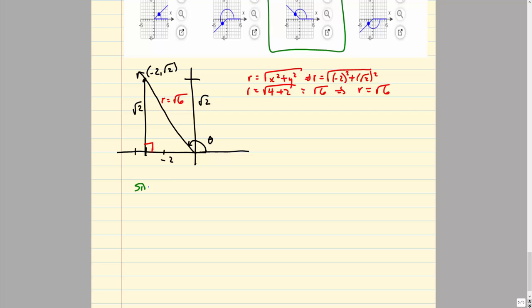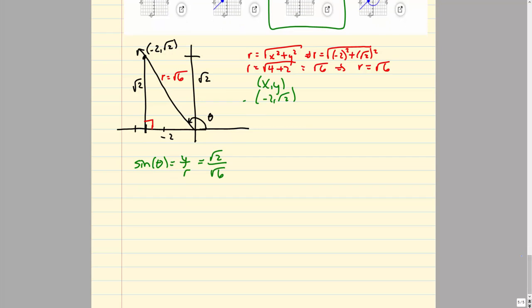So the sine of theta, again, is y over r. In this case, let's put down our ordered pair right here. (x, y) was (-2, root 2). So my y value is root 2, and my r value was root 6. Now we usually don't leave a radical in the denominator.